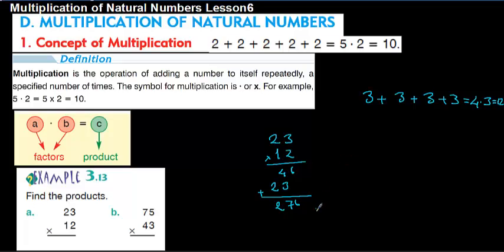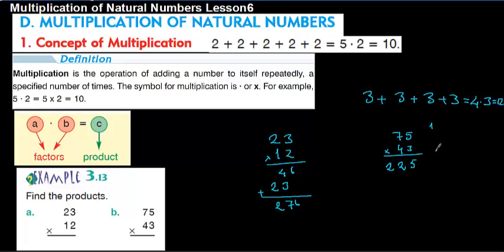276. And now 75 times 43. 3 times 5 is equal to 15, and 1 is written here, not to forget that one. 3 times 7 is equal to 21, and we have one more, that's equal to 22.